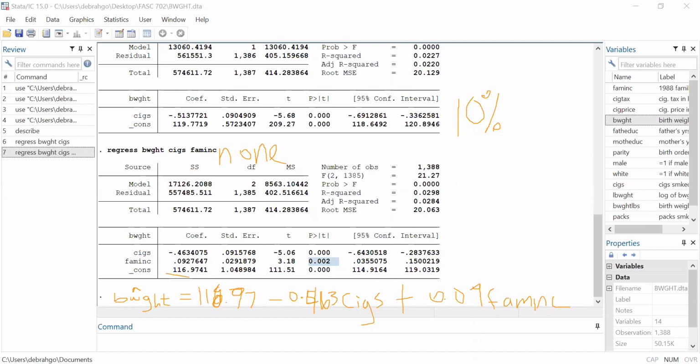Holding other things constant, one more cigarette smoked per day decreases the birth weight by 0.46 pounds. Holding other things constant, a $1 increase in income increases the birth weight by 0.09.